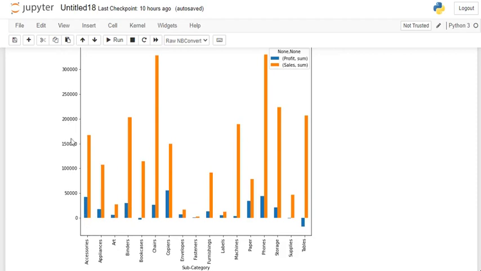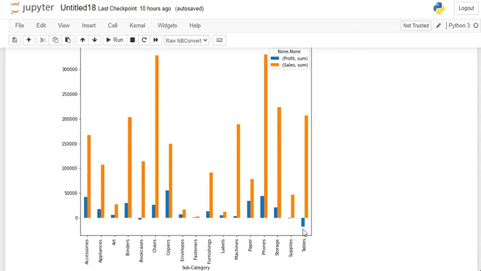So this is the sales, and this is the profit for each subcategory. In some cases, see tables, the sales is a bit more and the profit is negative. This point we have to take into account, and by this we need to extract the insights so that we can develop our business process.